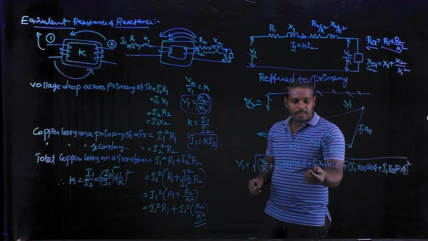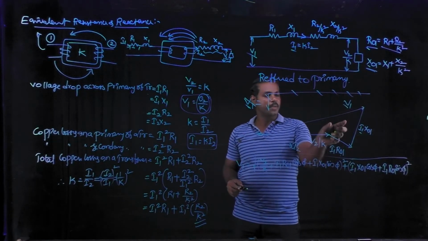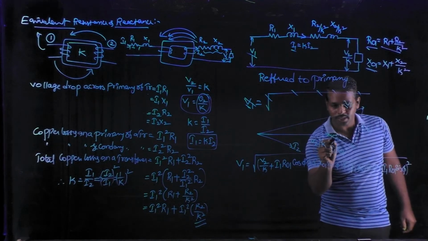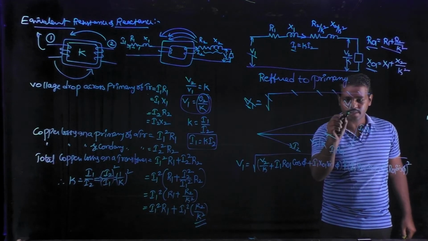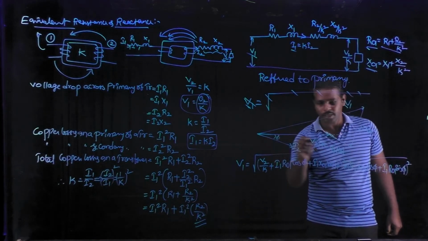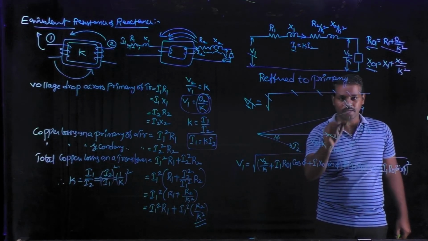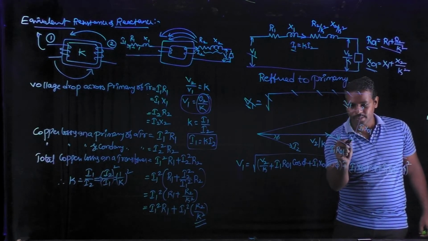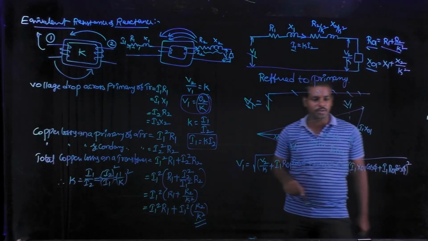So this is the expression coming from the given phasor diagram, which is to be simplified from the two triangles in these directions.